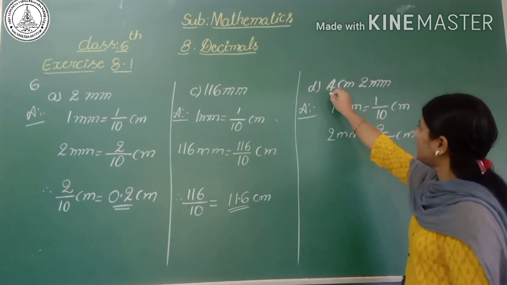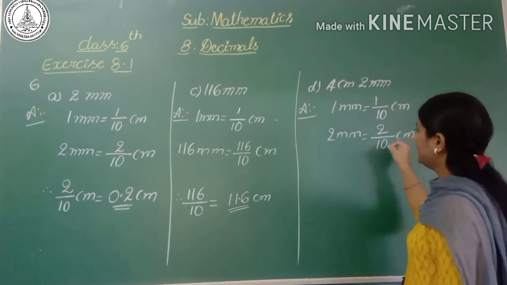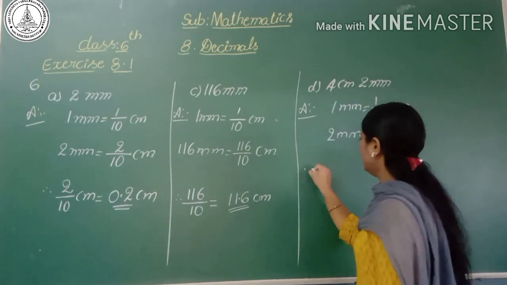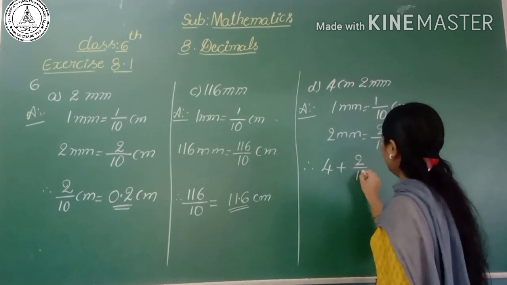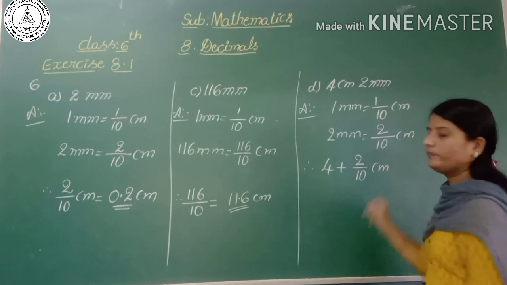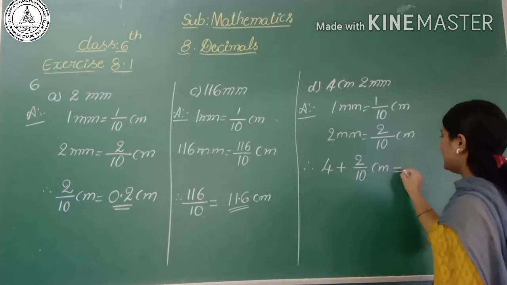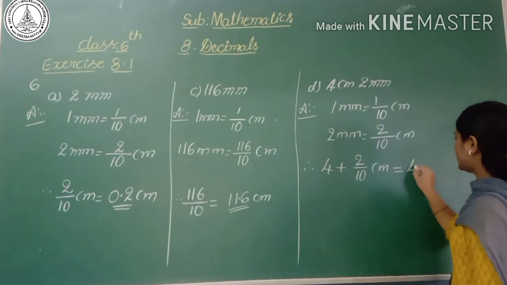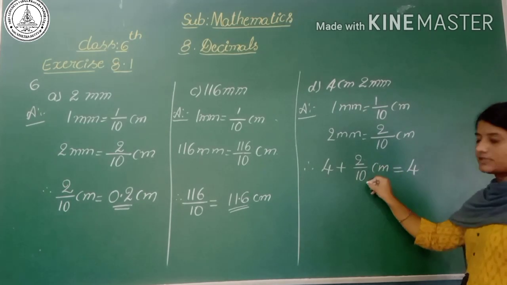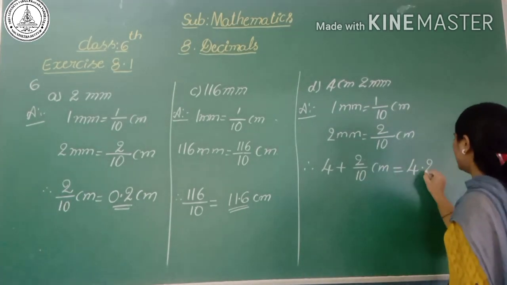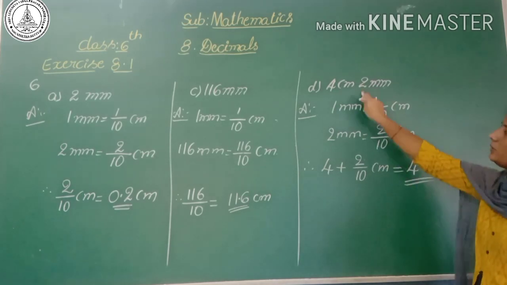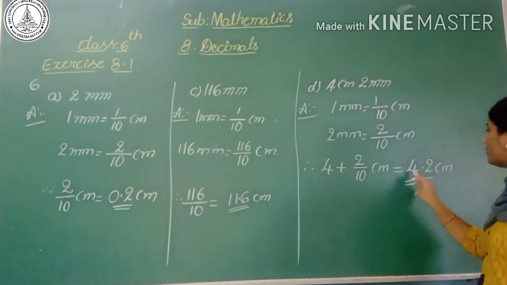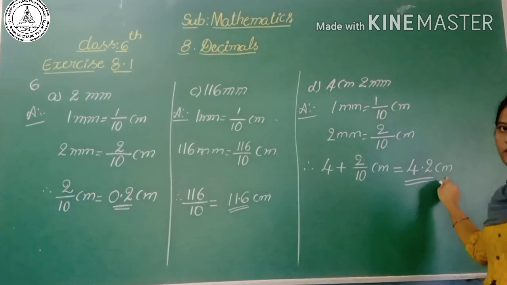Then 4 centimeters plus 2/10 centimeter. It can be written as 4 ones and 2 tenths. So keep the point and write the 2. So 4 centimeters 2 millimeters means 4.2 centimeters.